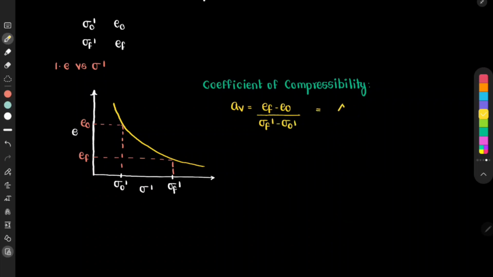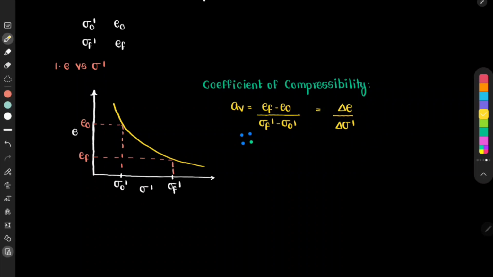Simply, this is delta E, the change in void ratio with respect to the change in effective stress. So how the void ratio changes when there is a change in effective stress, that is nothing but coefficient of compressibility.